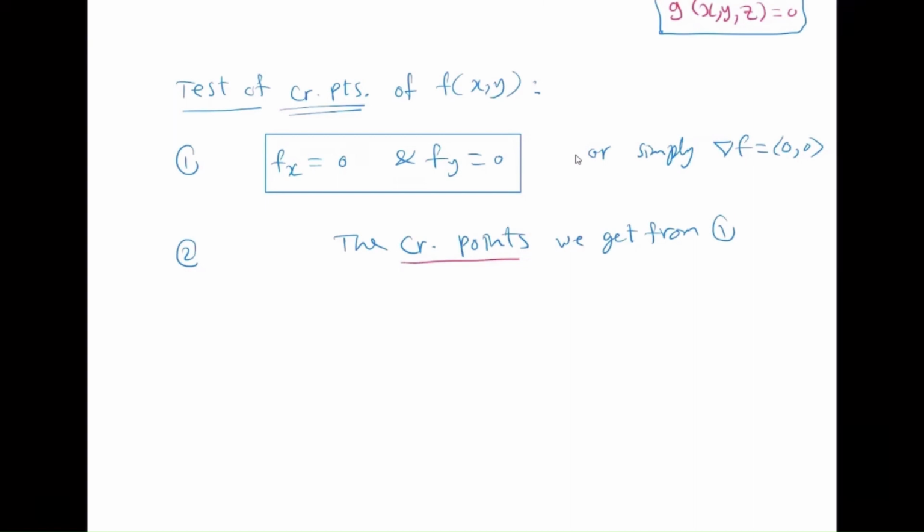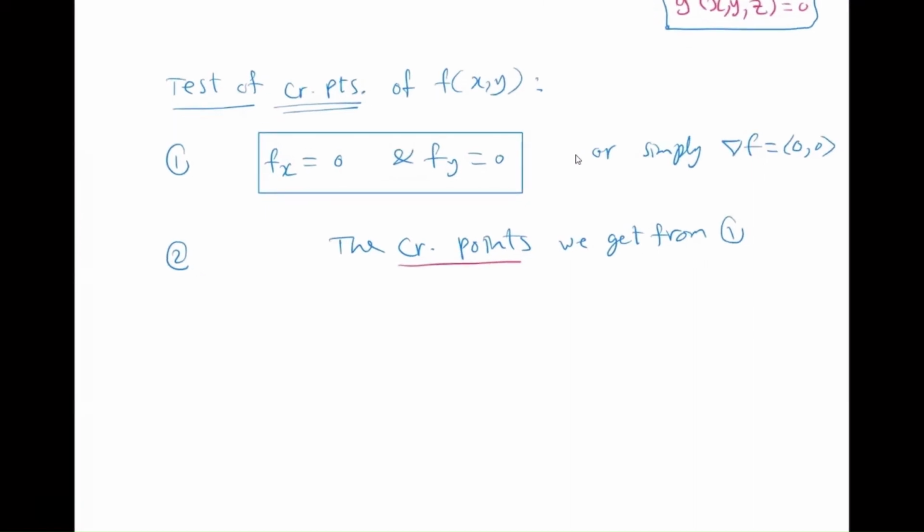So what about these critical points? We compute the discriminant. What is the discriminant? D is given by fxx fyy minus fxy squared.